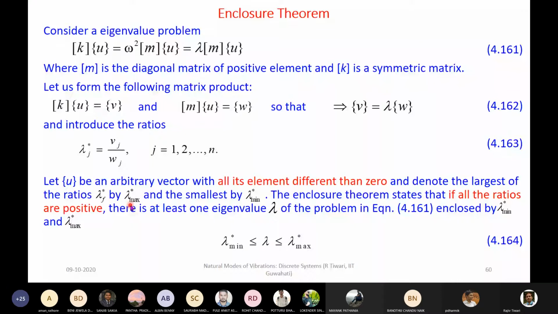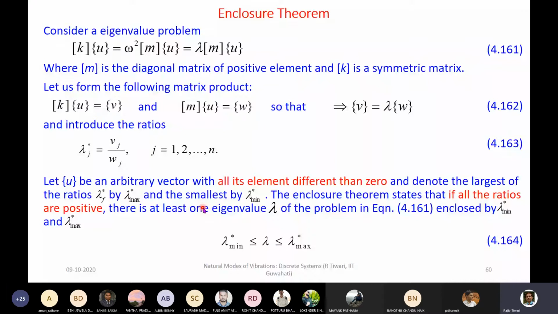The minimum we represent as lambda min, and the maximum ratio as lambda max. Others we are not interested in. We are interested in the range, the minimum and maximum values of the ratio.